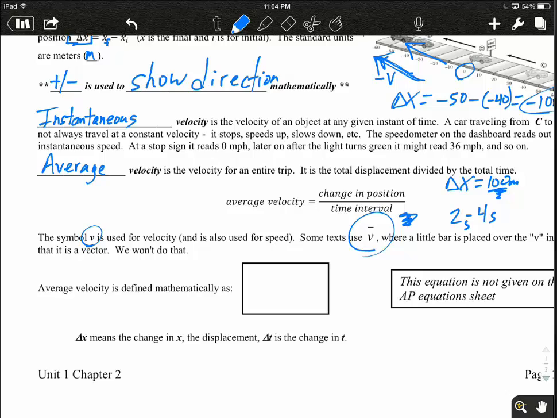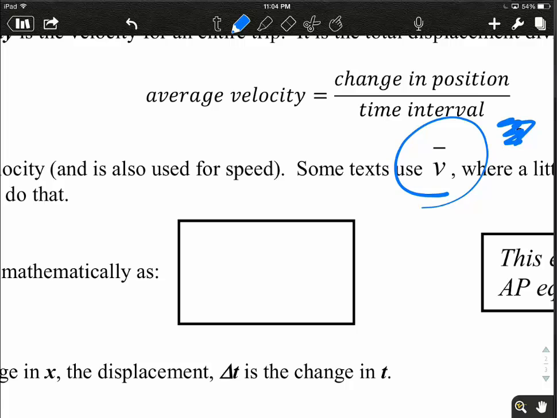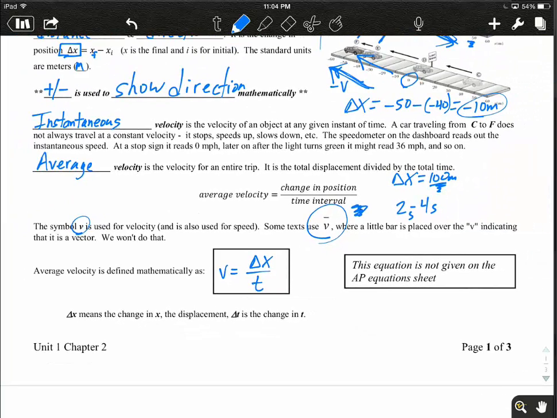So what we end up with, if you're just using symbols, is that the average velocity is the change in position or the displacement over the change in time, but usually people just put time instead of change in time. So that equation is good for something moving at a constant velocity, or if you want to find the average velocity of something. Just make sure you do the total change in position over the total time if you wanted to find the average.